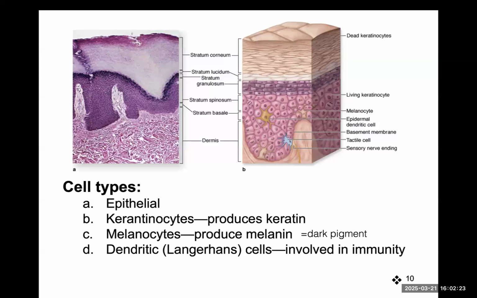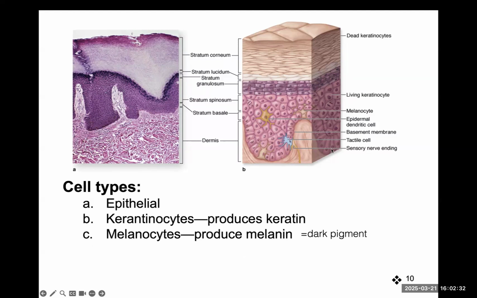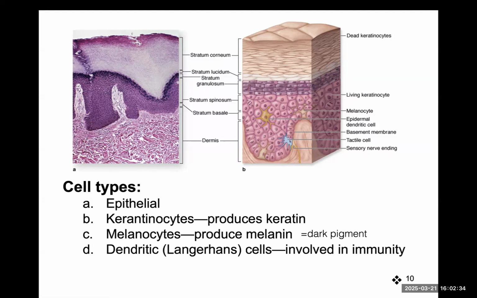Basically, what I mean by that is you've got all these cells and these little projectiles here. I can show you. These cells are going to be like dendritic, so they're kind of going to look star-shaped.